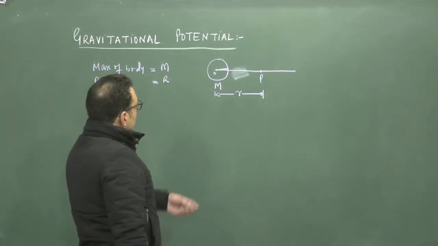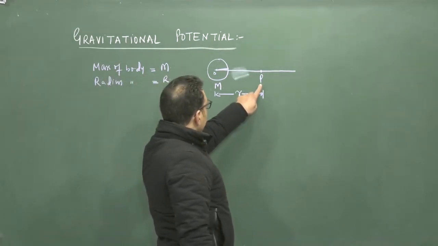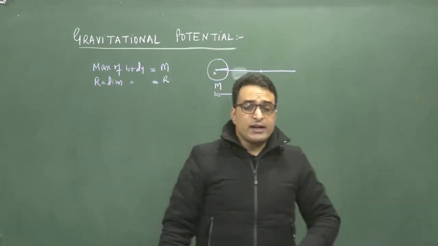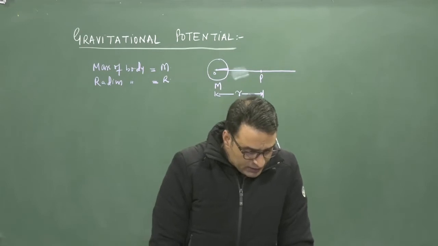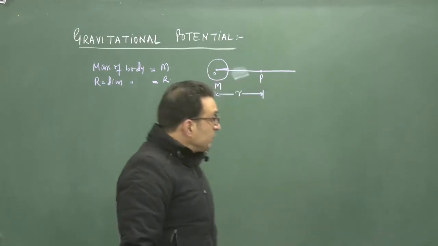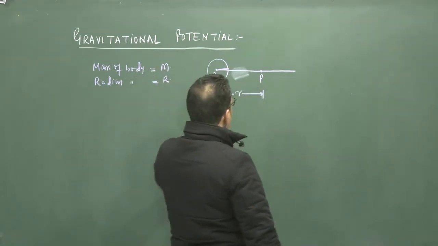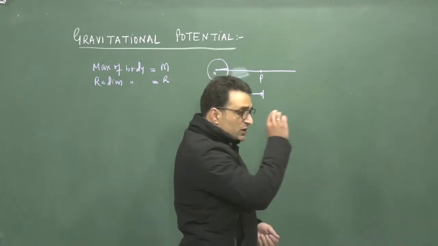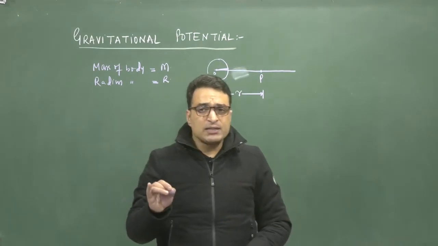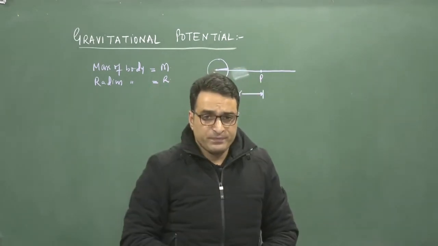The gravitational potential at point P is defined as the amount of work done in bringing a body of unit mass from infinity to that point. That means we assume that the body of unit mass is initially at infinity.